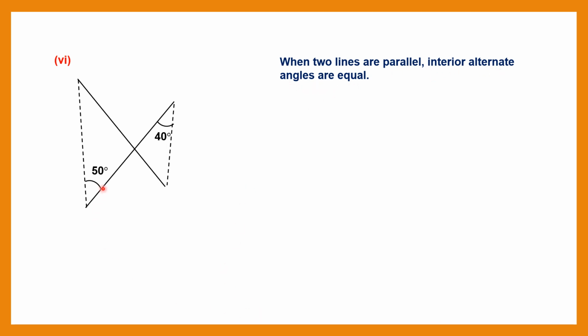But here, as you can see, one is 50 degrees and the other is 40 degrees. They are not equal. So we can write that 50 degrees and 40 degrees are not equal to each other. That means this given pair of dotted lines is not parallel. The given pair of dotted lines is not parallel.